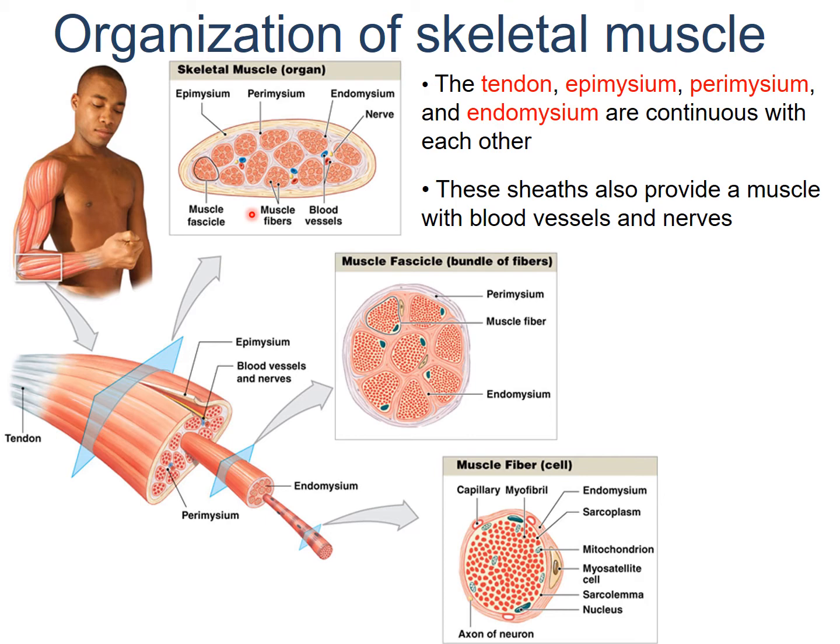A bundle is referred to as a fascicle, and then each muscle fascicle is surrounded by perimysium, which is the white stuff, okay? All right, so the epimysium is a sheath of connective tissue that surrounds the entire muscle organ. The perimysium is the sheath of connective tissue that surrounds muscle fascicles.